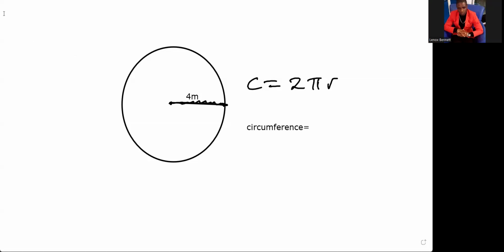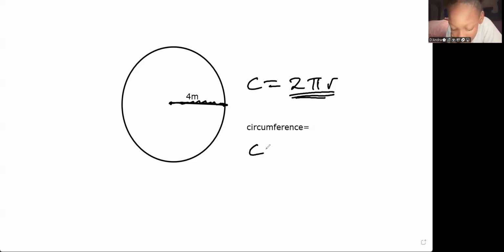So 2 pi r is the formula for finding the circumference. What I normally do is multiply the 2 times pi. So 2 times 3.14 is 6.28.